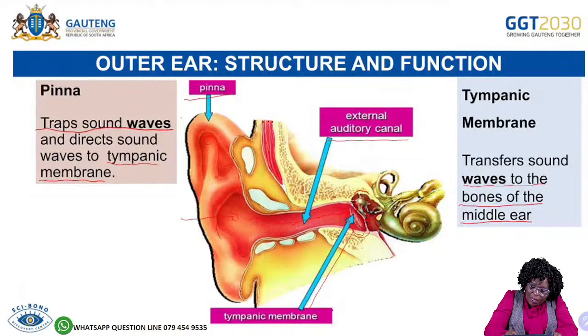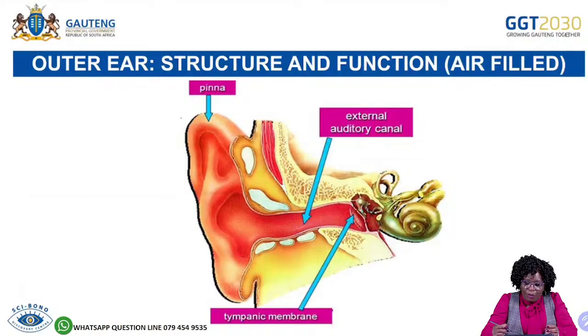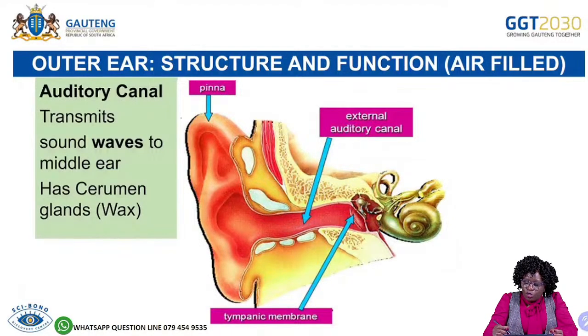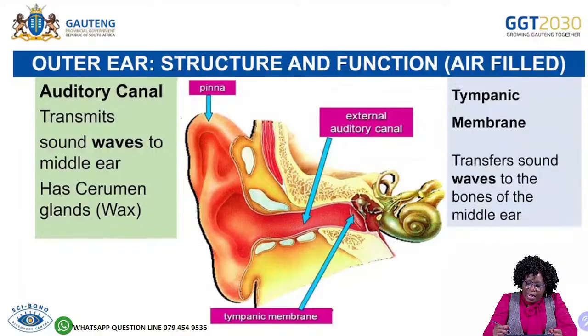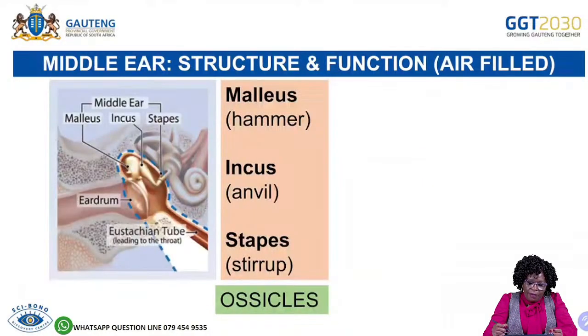This is now our inner ear. Looks very small, but that's where we've got a lot of brilliant small bones that play a vital role. So we said that the pinna is responsible for trapping the sound waves, and we said tympanic membrane will transfer now the sound waves to the bones of the inner ear.